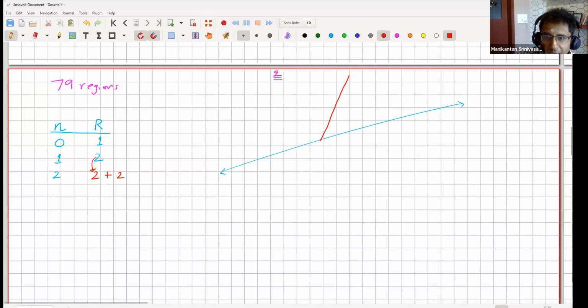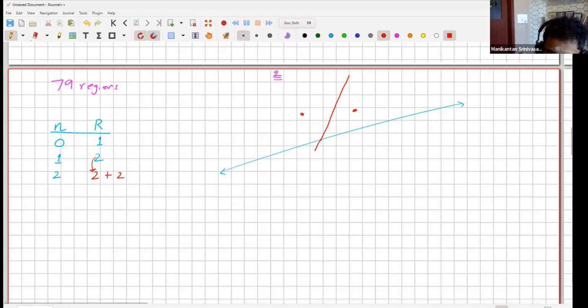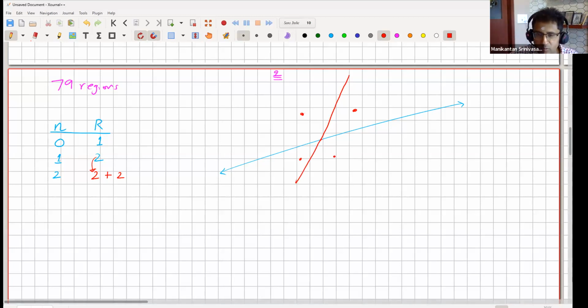Now, the moment the red line touched the blue line, this region got split. So it spawned off a new region. So essentially not 2 more regions, one more region, because the bottom region always existed. It got split, and therefore it added one more region to the count.